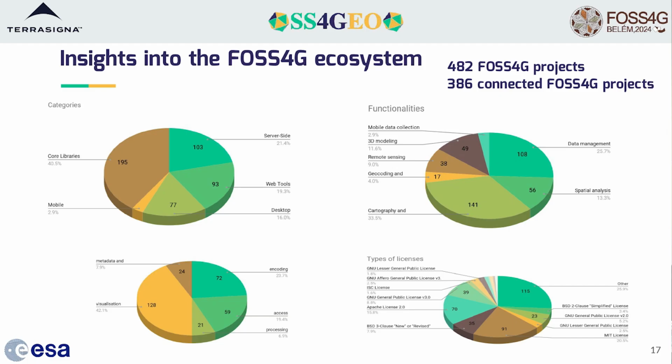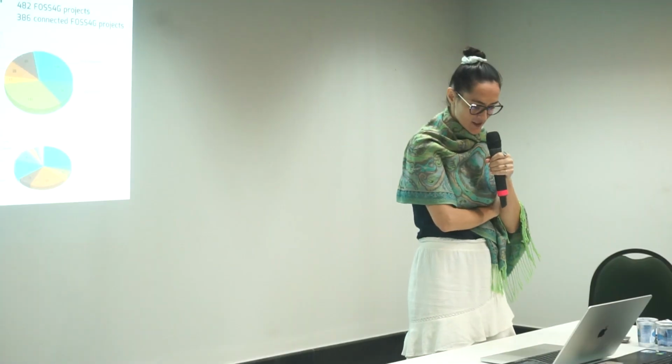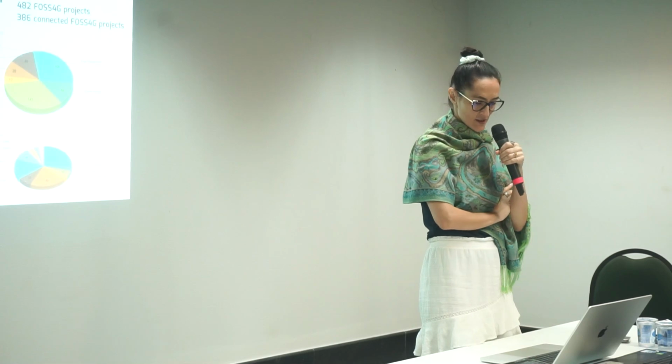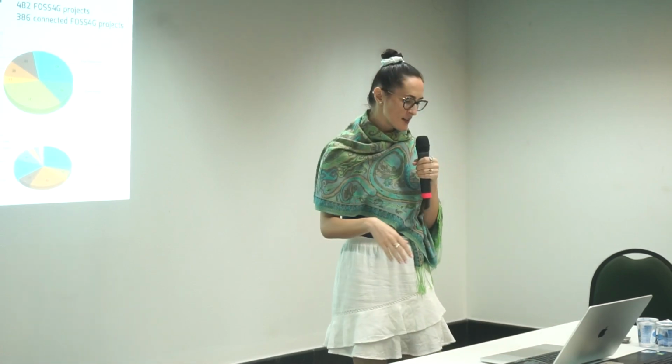We can see that in the FOSS4G ecosystem, we have quite a lot of core libraries. We have documented 195. We see that the most obvious group of functionalities is cartography and visualization, with 141.